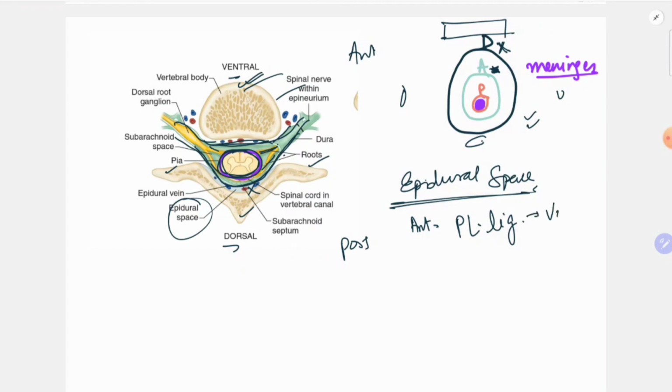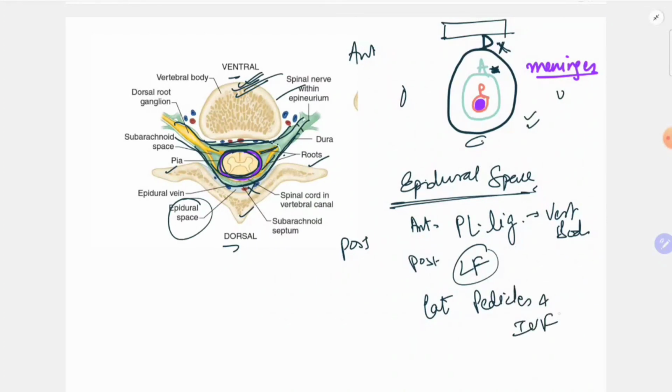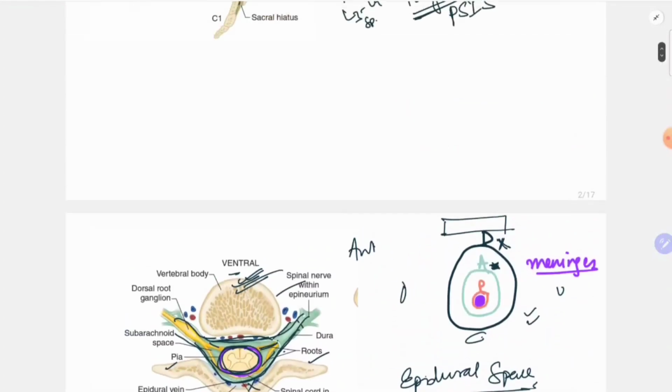Outside this is the vertebral body that is shown here. Okay, posteriorly you have the ligamentum flavum, and on the lateral sides you have the pedicles and the intervertebral foramina.